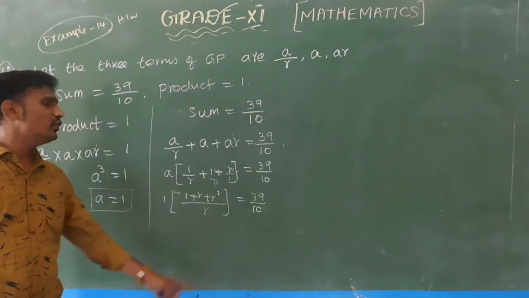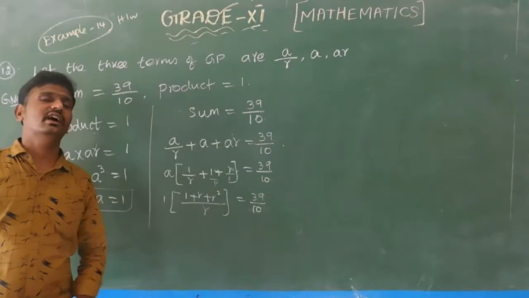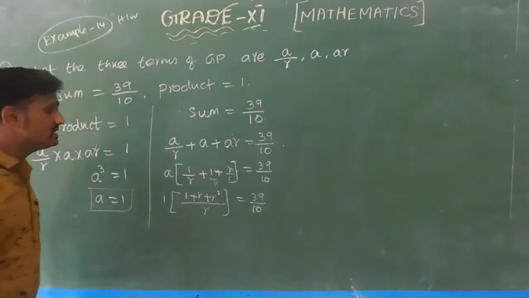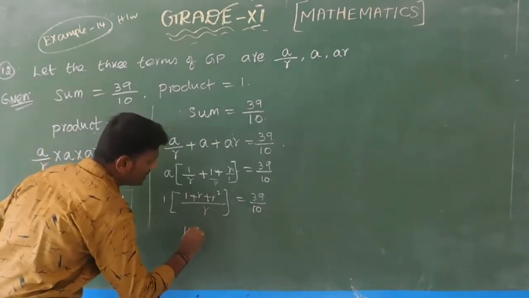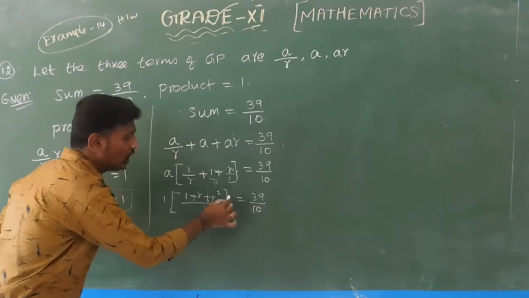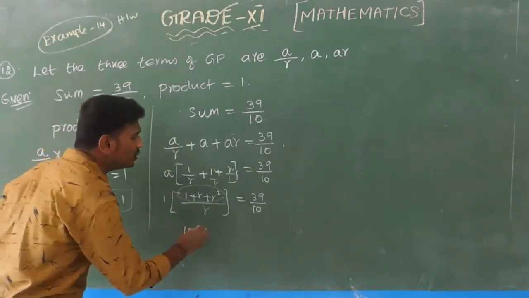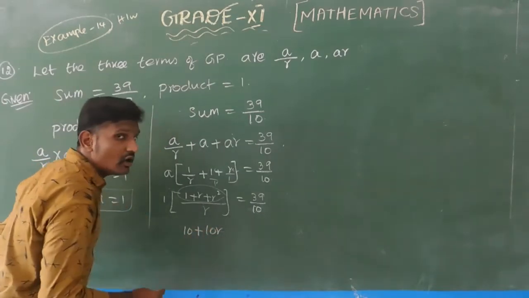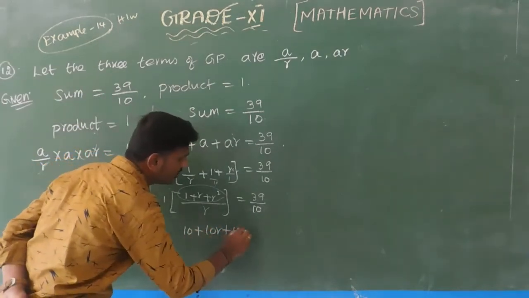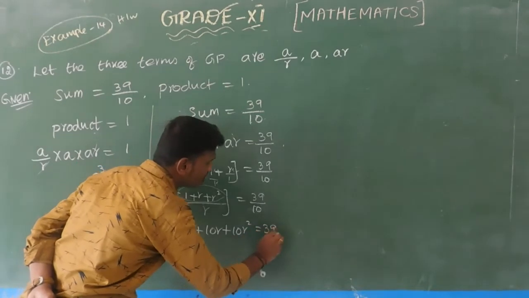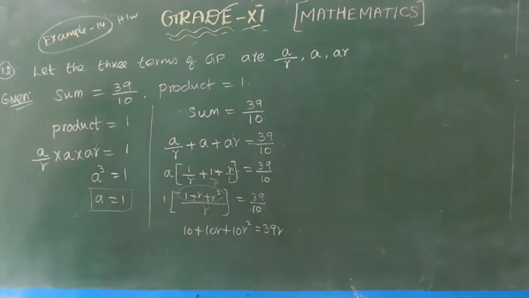Before that, you have to cross multiply to get 10 into 1, 10. So this 10 you multiply with the three terms also. So 10 into 1 is 10, 10 into r is 10r, 10 into r square is 10r square, which is equal to 39r.